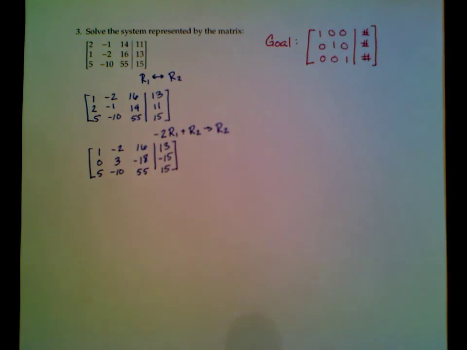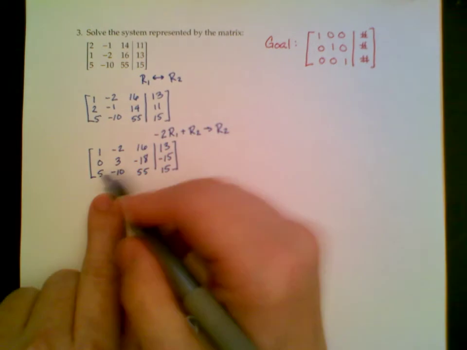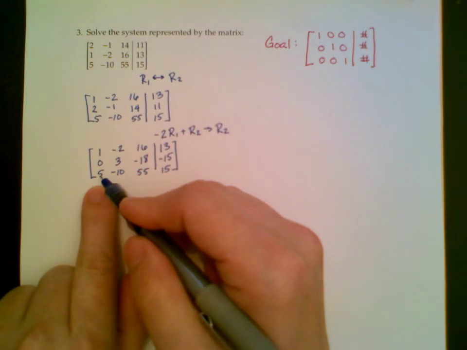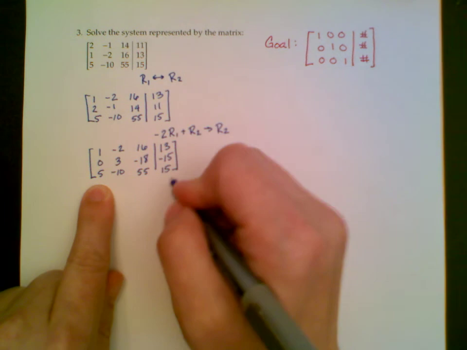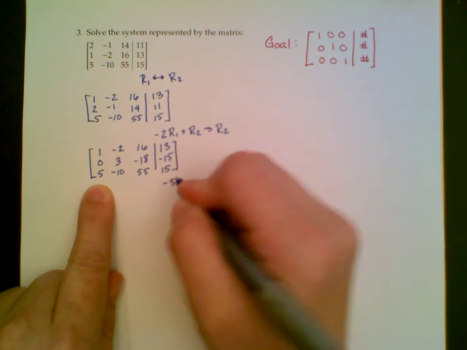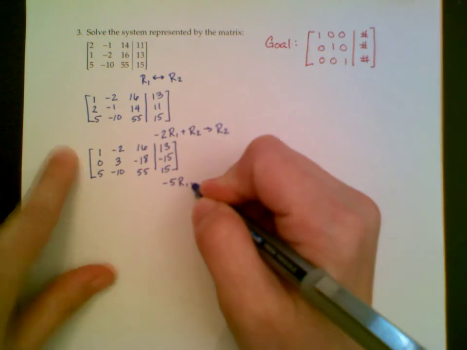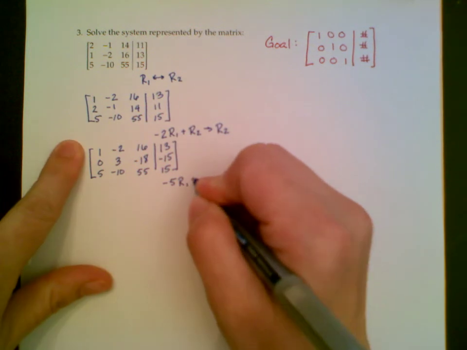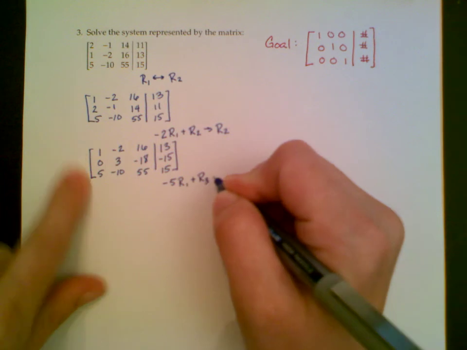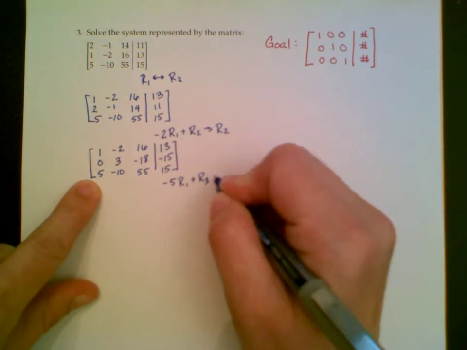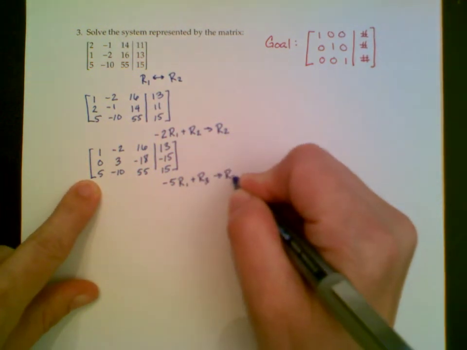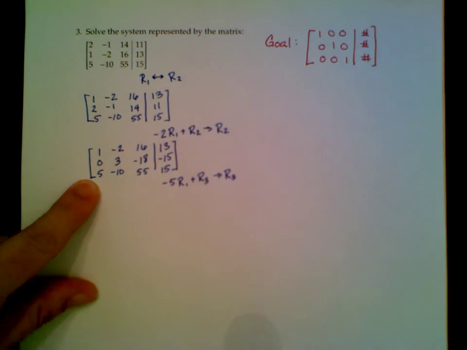All right, so now I want to change this 5 into a 0. I can do that by -5 times row 1, because that's where the 1 is in this column, plus row 3, because that's where the number I'm trying to change into a 0 is. And we store that in row 3.